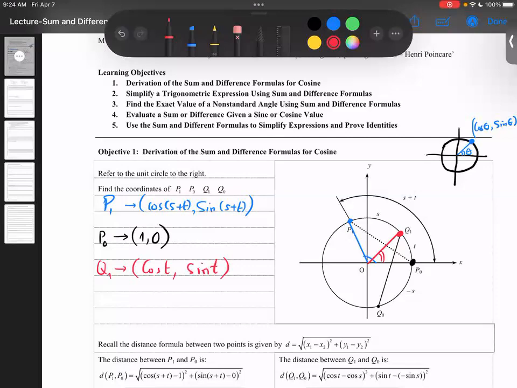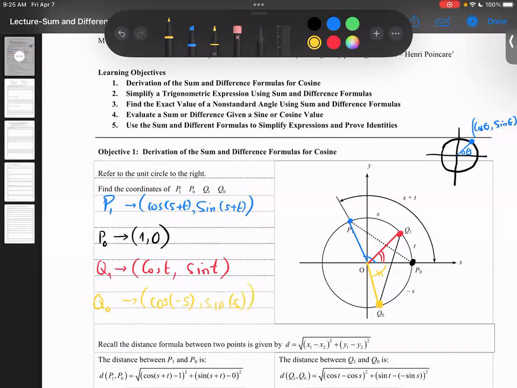And last but not least, Q naught, in yellow. Q naught is the negative angle, which is negative S. So the cosine of negative S, sine of negative S.